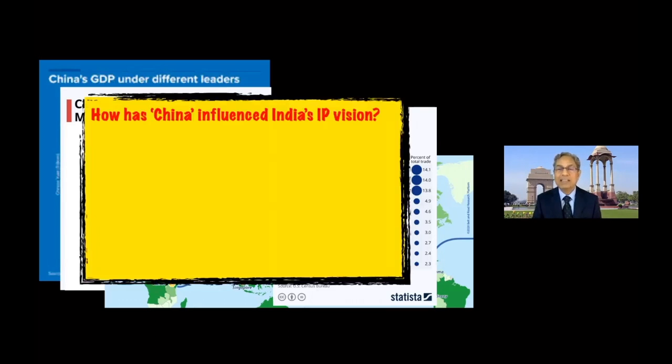So in that kind of picture emerging, how has China influenced India's Indo-Pacific vision? How does India see the Indo-Pacific with focus on China in that sense? China is India's big neighbor, and we have had many problems with China also.